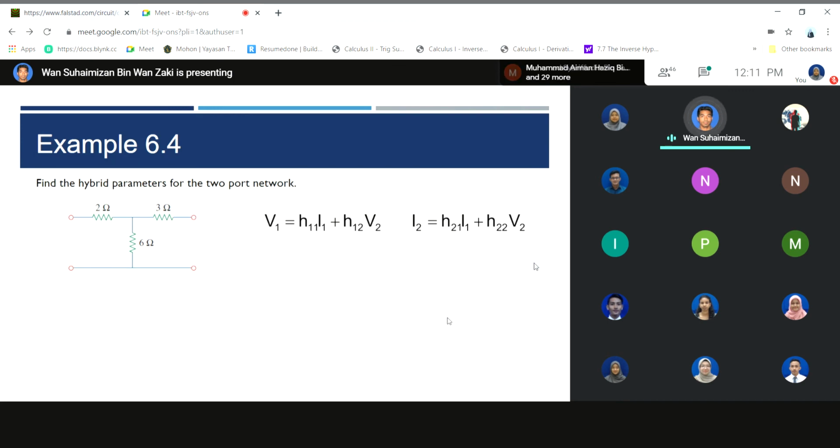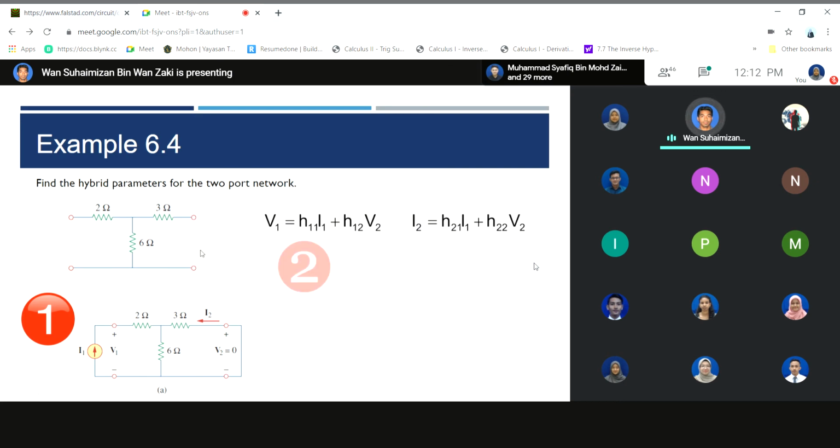All right, so for this example here, find the H parameter. You know this is the equation for the H parameter. Given this circuit, you need to determine the H parameter. First test, you set V2 equals to 0, which means you short circuit this point and then apply a current source here.